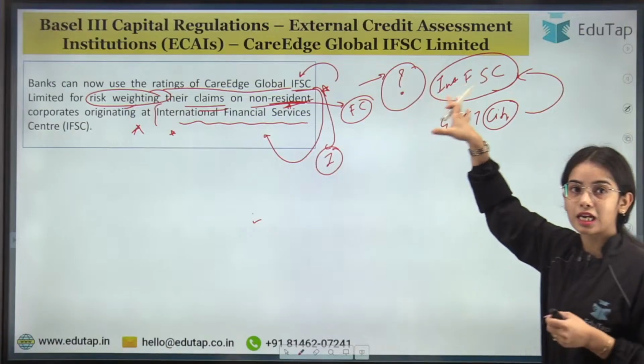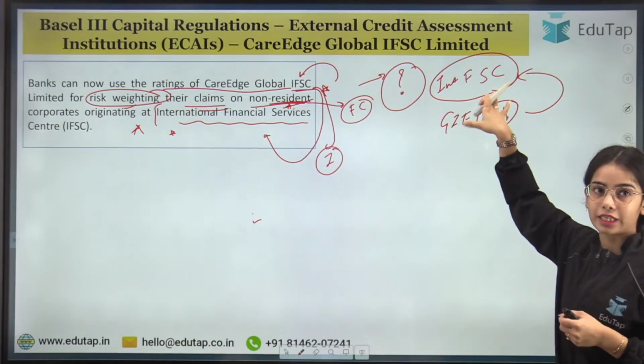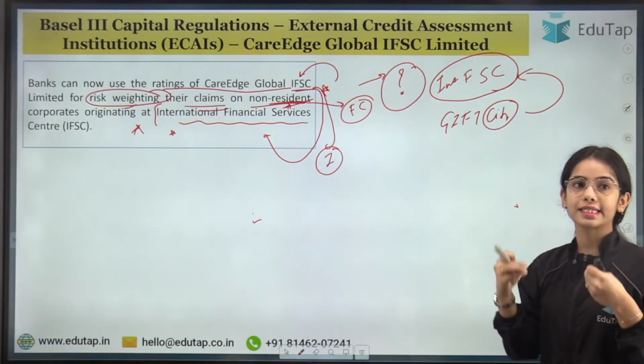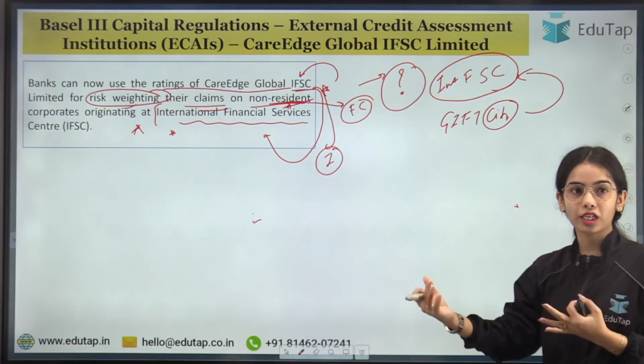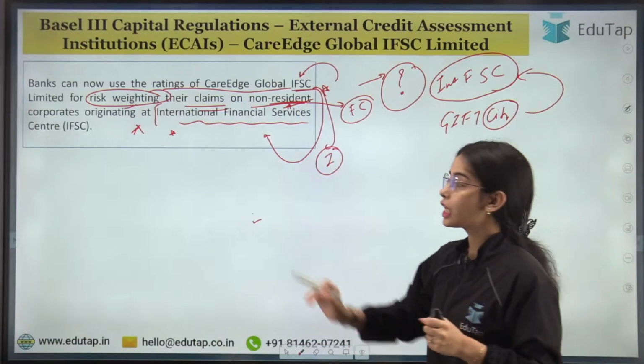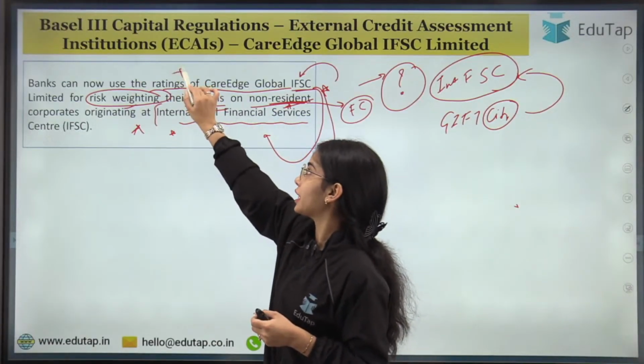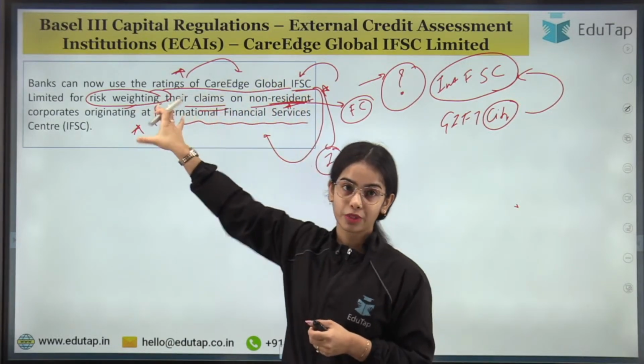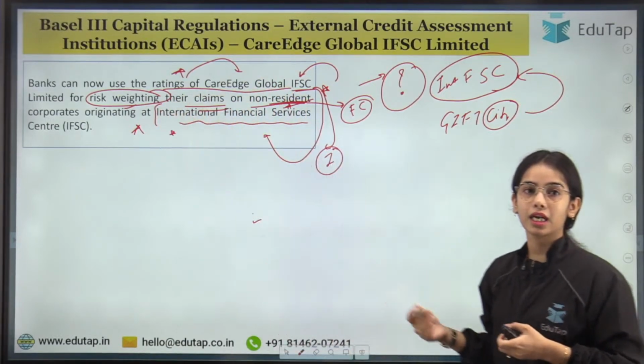So IFSC is the International Financial Service Center. Now the banks can use the credit rating given by CareEdge Global IFSC for these non-resident corporates. Okay, we will discuss more about this in the coming slide.